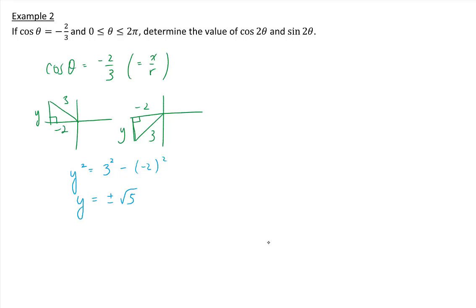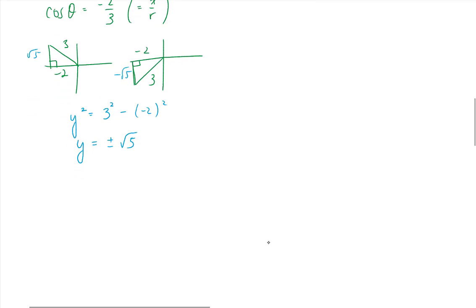And you can see for the one graph, this would be positive root 5, and for our second graph, this would be negative root 5. So therefore, sine of theta is equal to, remember that's y over r, plus or minus the root of 5 over 3. So there are two answers for sine of theta.